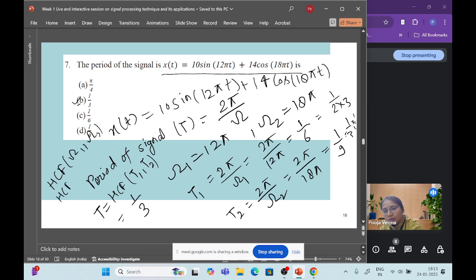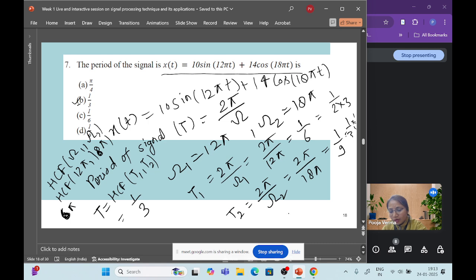So what will be the common factor? It is 6 pi.